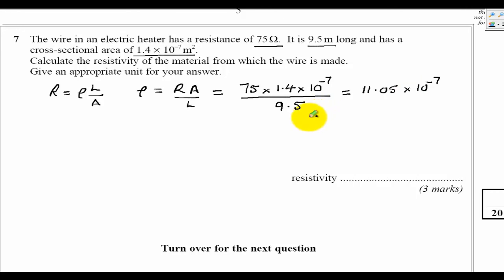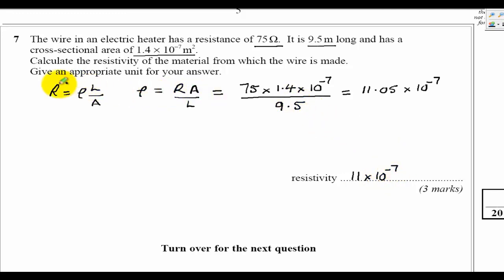To give my answer, I need to decide how many significant figures to use. I've got 1.4, that's two significant figures, 75 is two significant figures, 9.5 is two significant figures. So I'm going to give my answer to two significant figures, so that's going to be 11 multiplied by 10 to the minus 7.